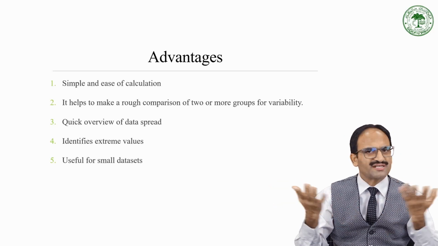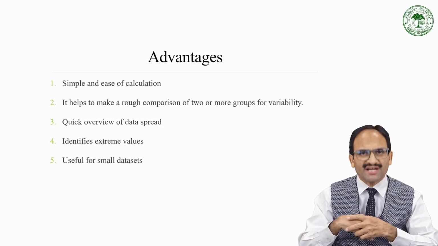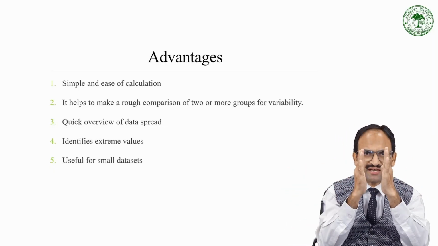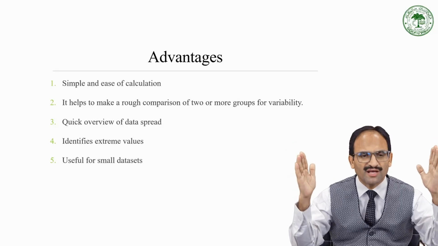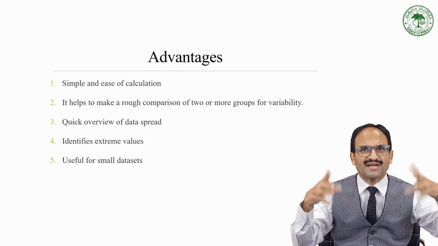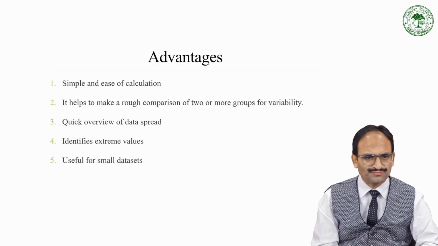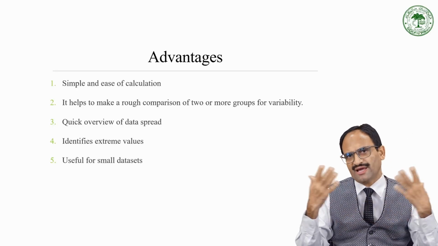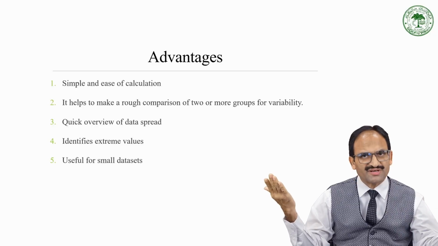Then it gives a very quick overview of data spread. Initially I explained what variability is; basically it is a certain kind of data spread. So, very quickly you can know how data is spread. Then it identifies extreme values. What is the meaning of extreme values?